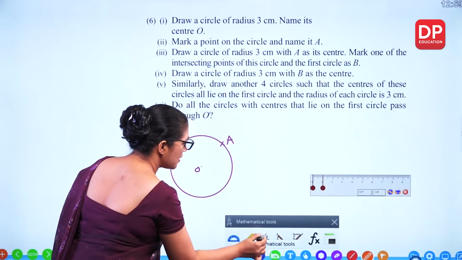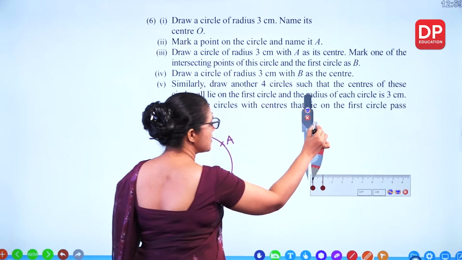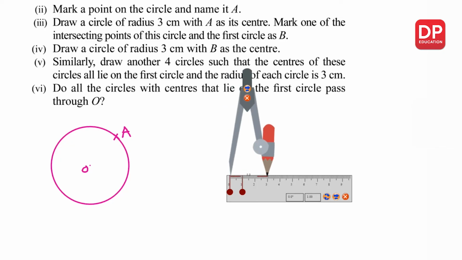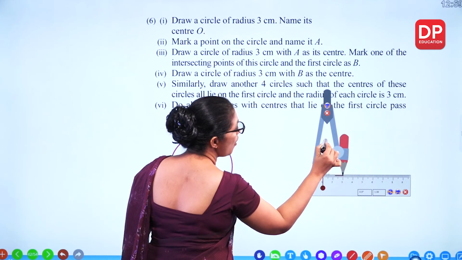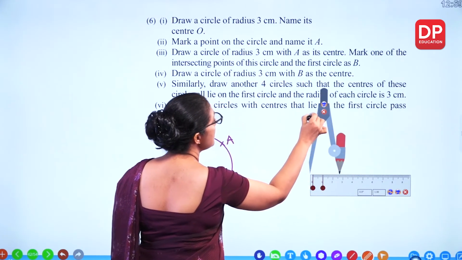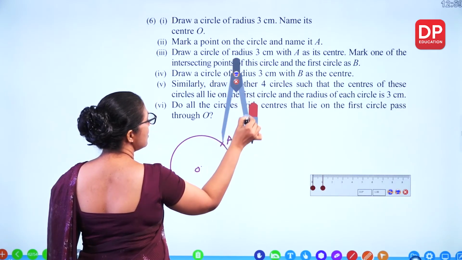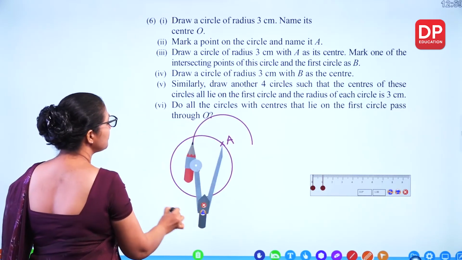So you need the compass with 3 centimeter length. Now the center is A, so we can draw another circle.